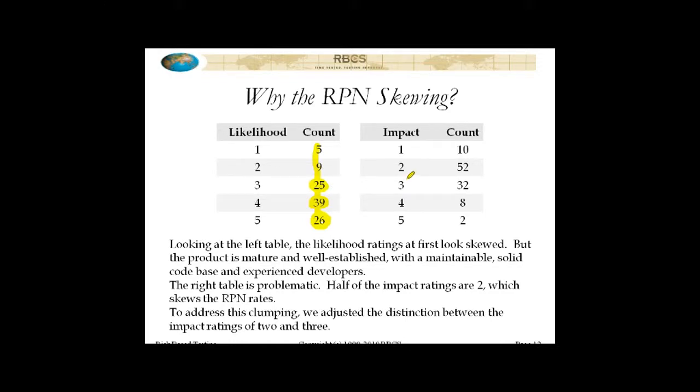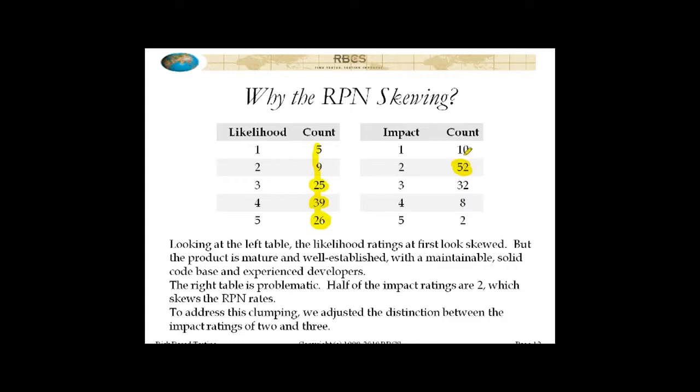Where the problem comes in is in the right table. You notice that fully half of the impact ratings are right here at 2, impact of 2, or in other words, high impact. And that's problematic under any case. Now, it's possible that there's something fundamental about the application that tends to skew the impacts towards the higher end of the scale too.